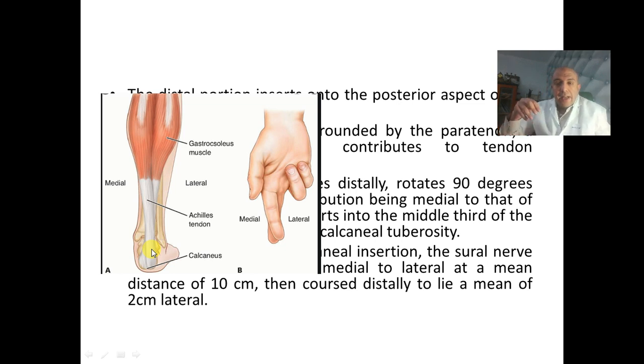Soleus switches its movement from the anterior part to the medial side of the Achilles tendon. So the gastrocnemius tendon is inserted in the posterior calcaneus laterally and soleus medially.